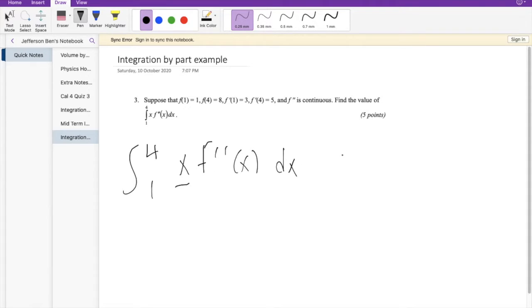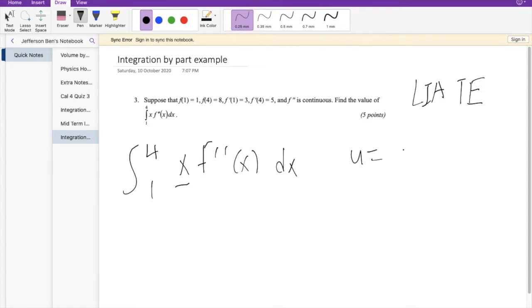Remember the formula, LIATE. So we let u equal x, right? Because A is algebraic. However, in this case, we don't know what f prime x and f double prime x are. However, we can integrate it because this is the second derivative of f of x.